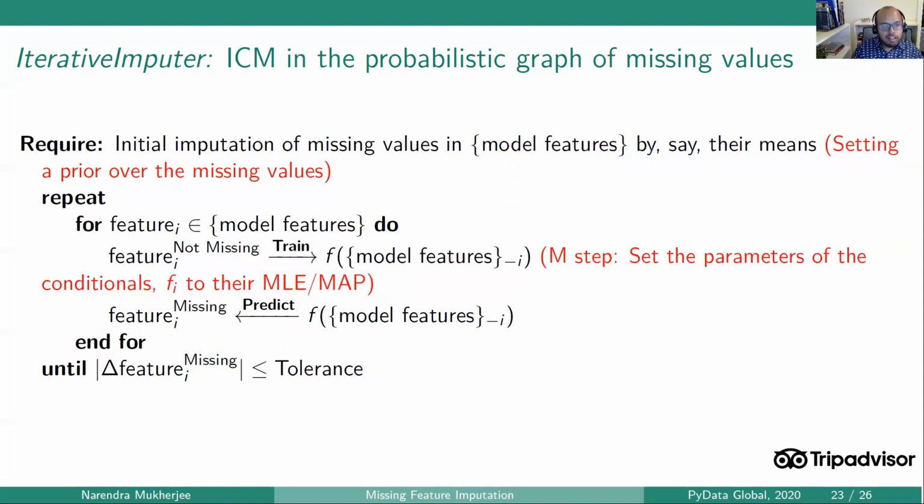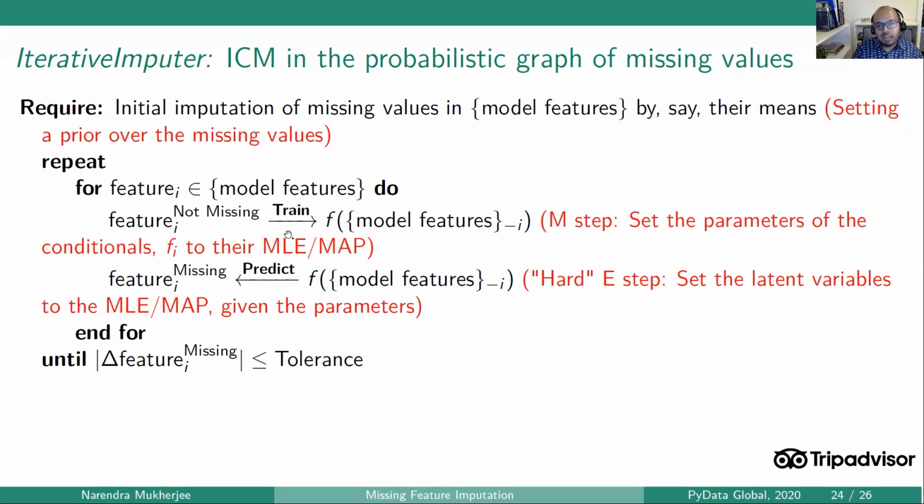And then each of these iterations in the imputation process consists of an M step, which is when you're training the predictive model for feature I given the other features. This is the step where you are getting the parameters, the means and variances of the FI that I was talking about. Then you have an E step, which is a hard E step here, because you are directly assigning to the missing values the maximum likelihood values that are predicted by the predictive model that we trained at the previous step.